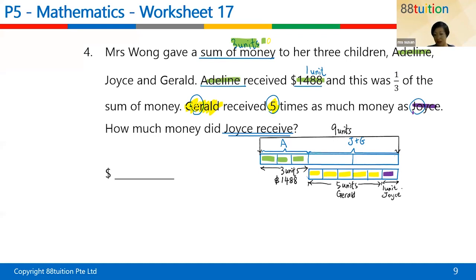Okay, so we're going to find 1 unit. So I use 1,488 divided by 3, and I get the answer 496.